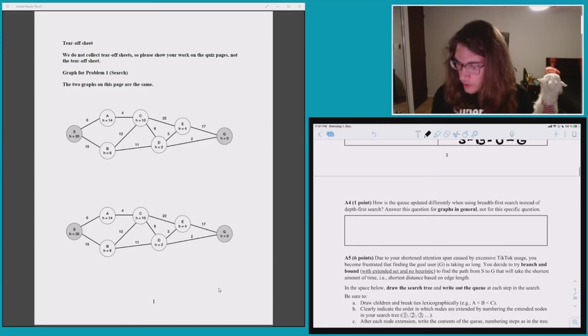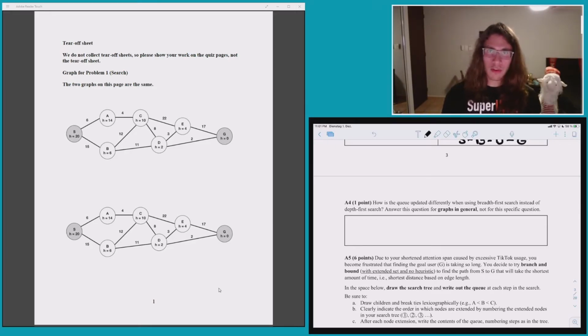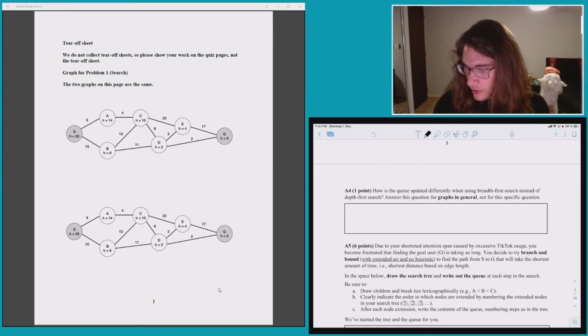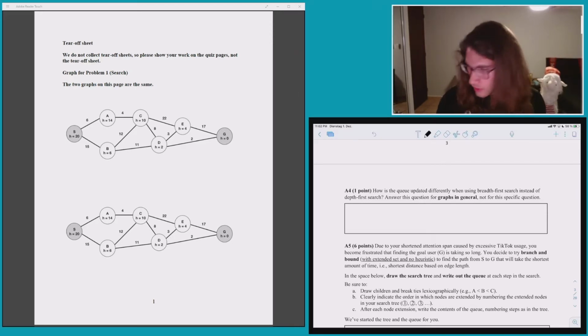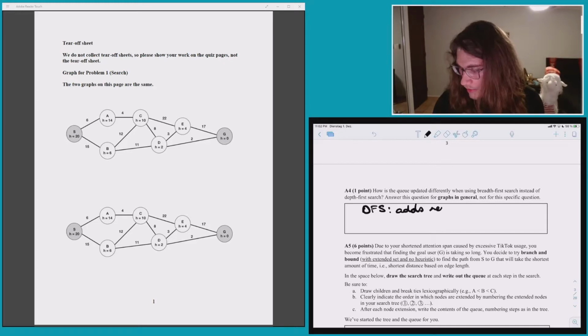Moving on, this is a conceptual question. I've talked about it already earlier as I was explaining how I think about DFS and BFS. But just to quickly summarize what it is, DFS adds new paths to the front of the queue.